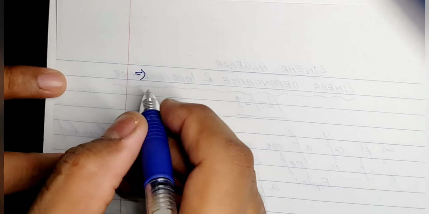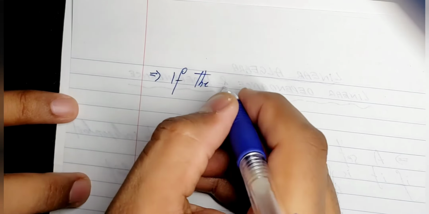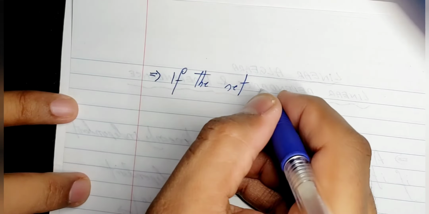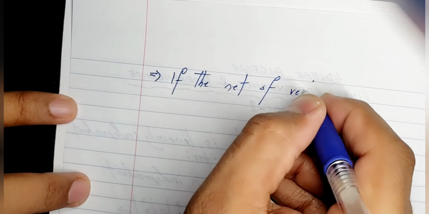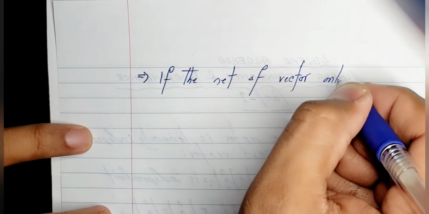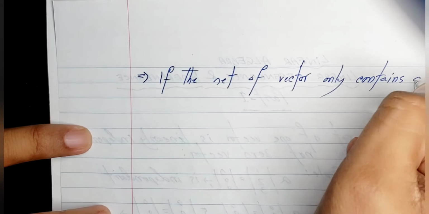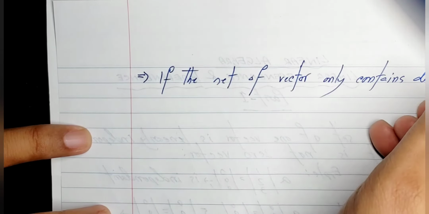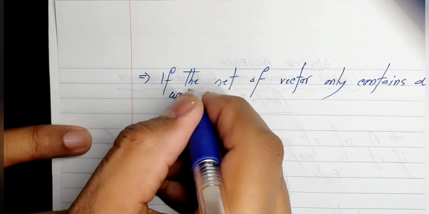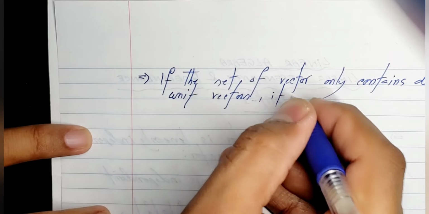Now, another condition to identify if vectors are dependent or independent is if the set of vectors only contains distinct unit vectors, it is independent.